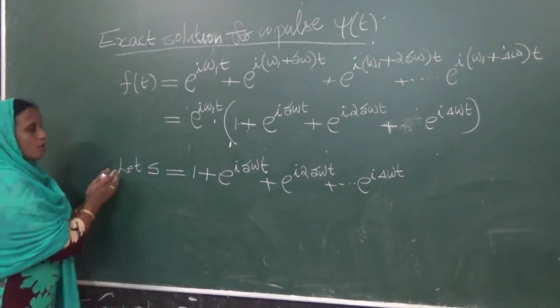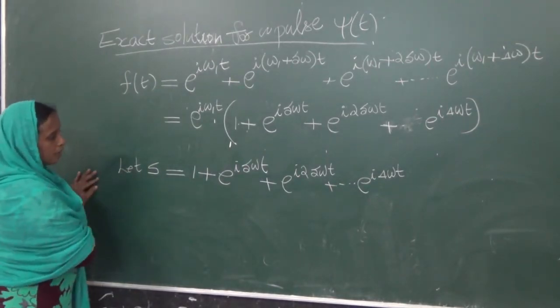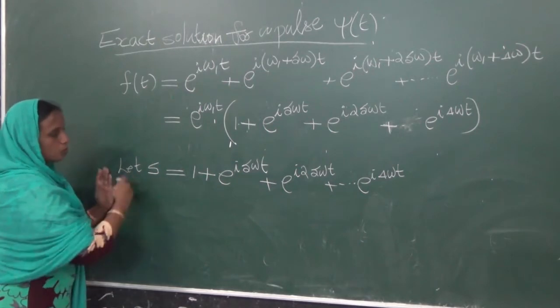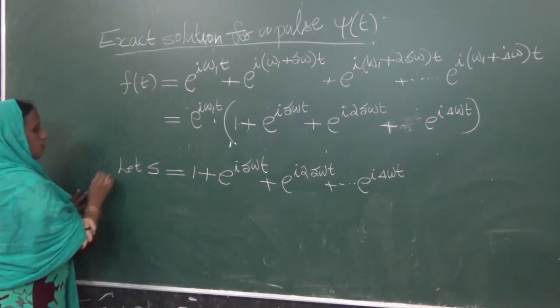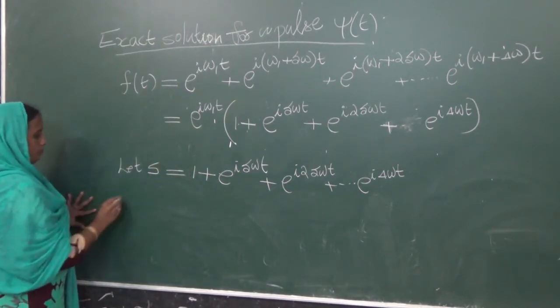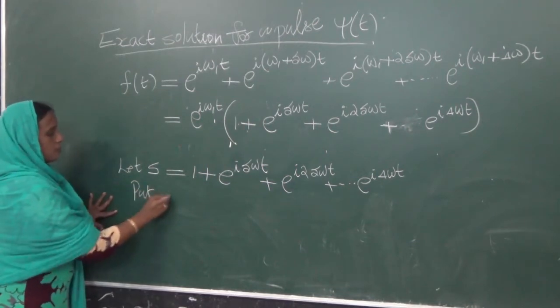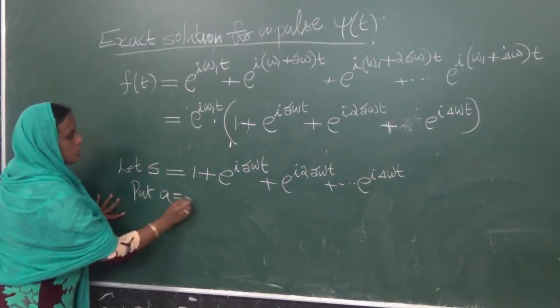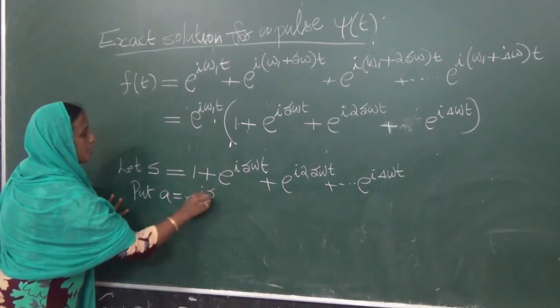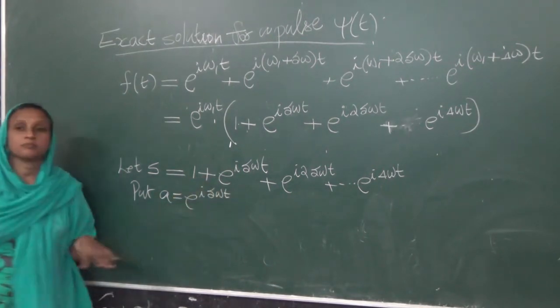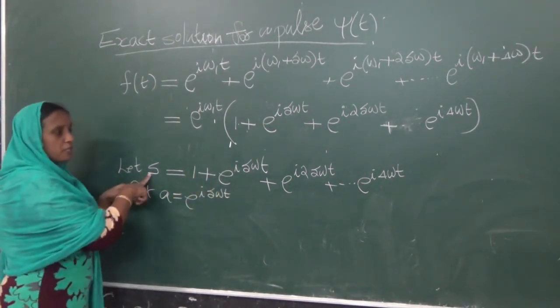Okay. Now suppose I put a equal to e raised to i delta omega t. Then what happens to our series?